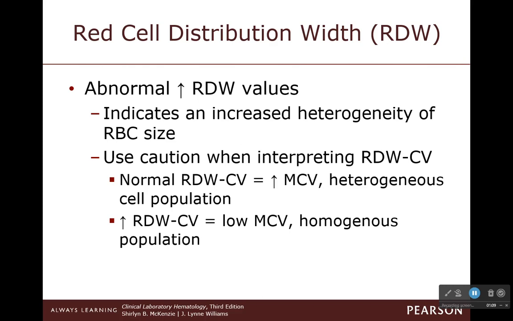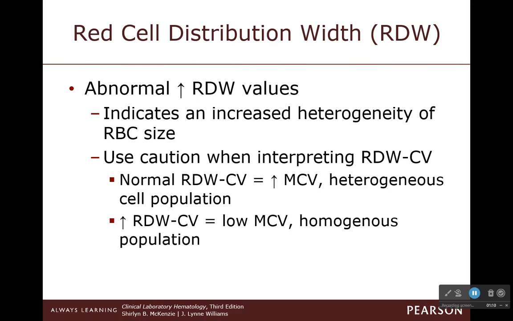One thing that can give you a population of cells, and I know you haven't thought about this yet, but later on when you become a tech working in a hospital, you may see patients who have been transfused have high RDWs. Now, is that a true RDW or is that an artifact?